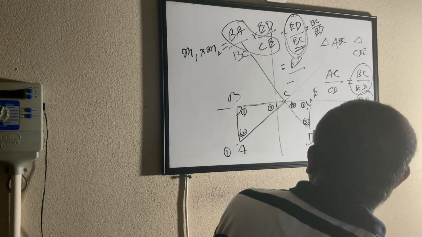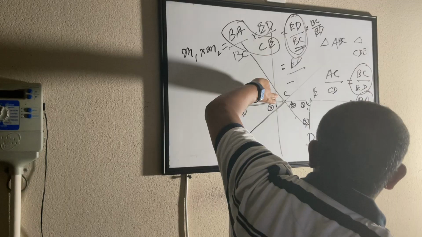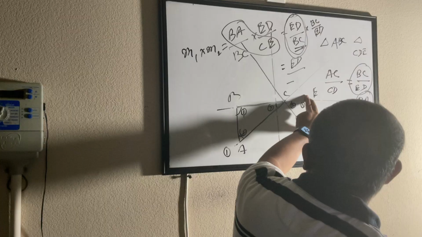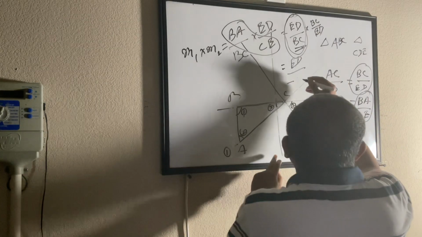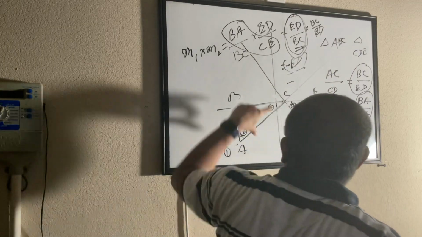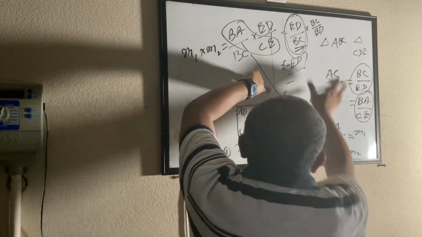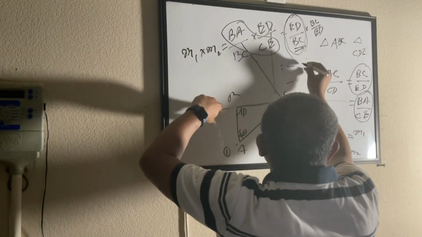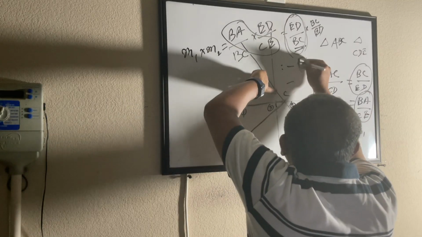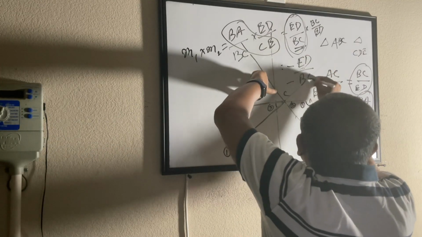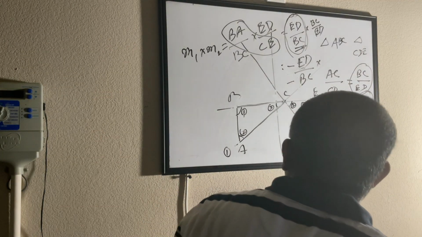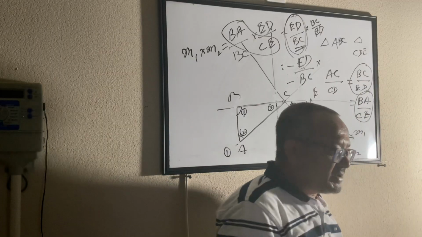My BC is positive and my ED is negative. So let me put a value for this one. So this is minus this length. I'll put this as ED over BC. Okay, got it, my bad.